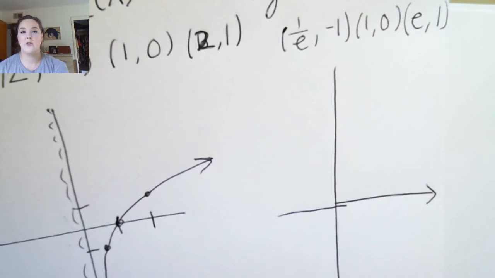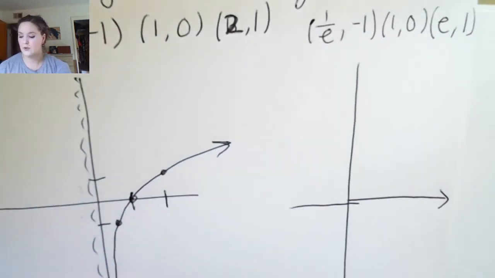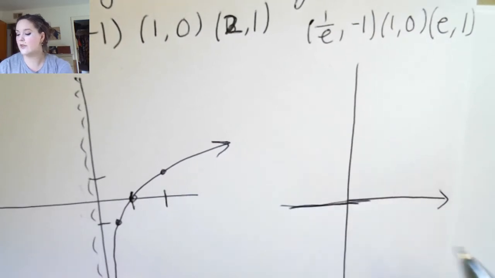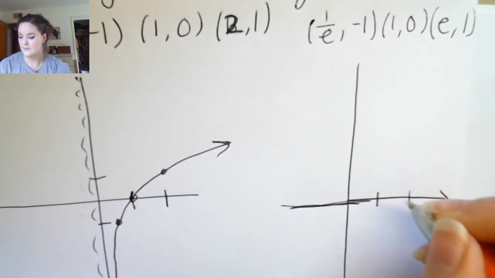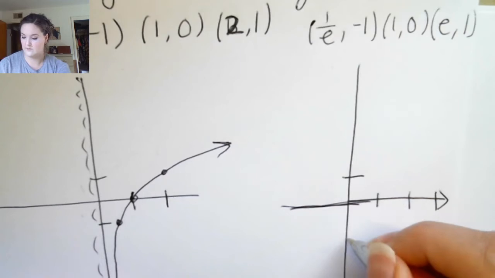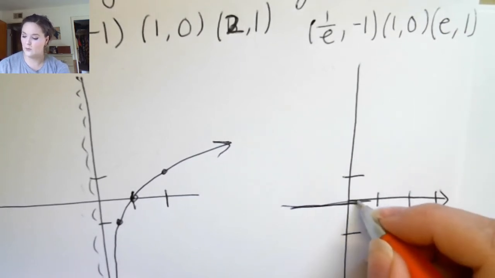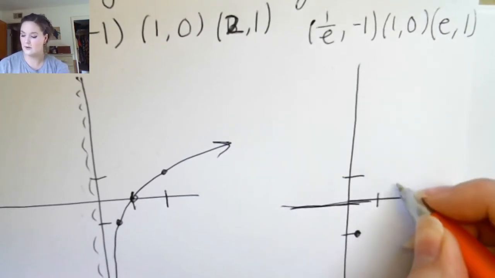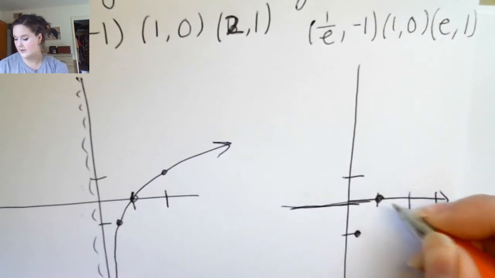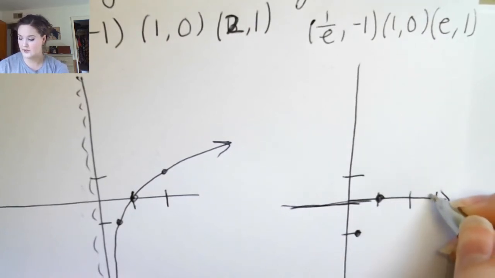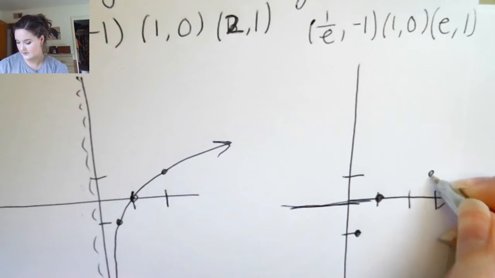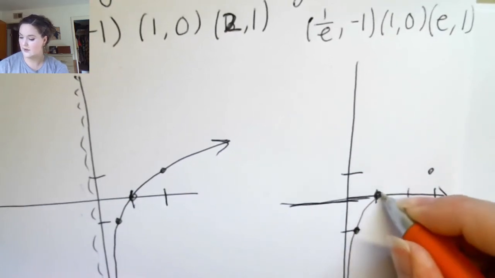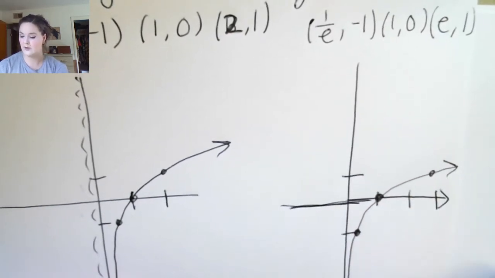So if you're thinking about where to graph it, 1 over 2.7 is close to 1/3. So we're going to go 1/3, negative 1, 1, 0, and then 2.7, which is e, 1, like this. And then it has the same general shape.